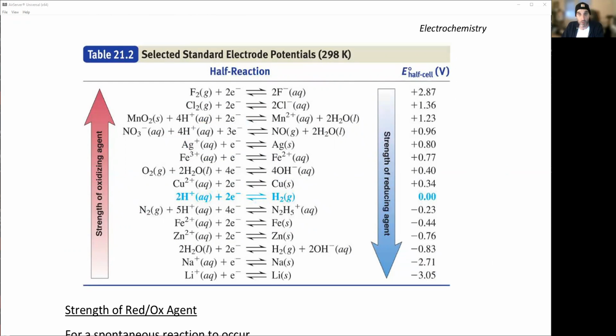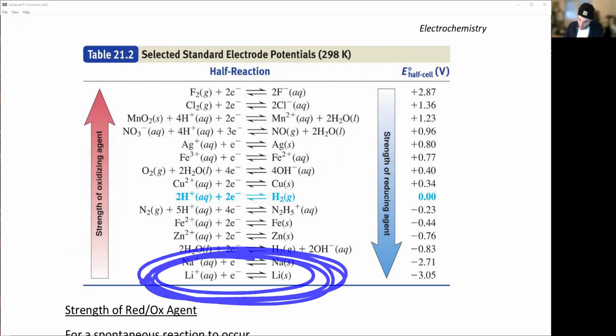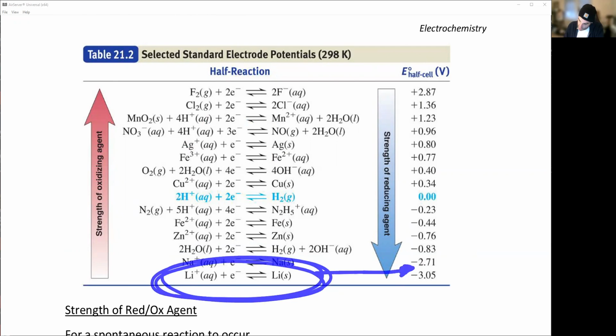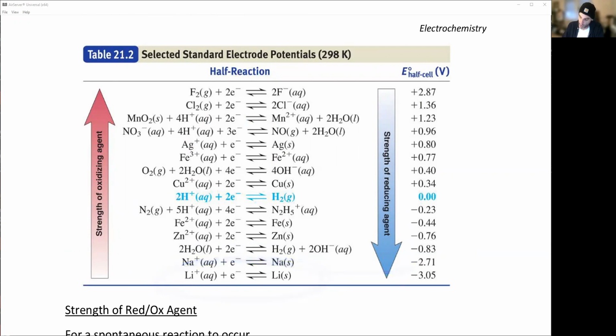lithium is group 1. Does lithium like to be oxidized or reduced? Does it like to be as +1 or 0? Does forcing it in this direction, is that a problem? Yeah, lithium doesn't want to turn into solid. It wants to be an ion. Okay, so lithium is negative because it doesn't want to go through this process. For this process, lithium turning into the metal, we have the reduction potential of -3.05.